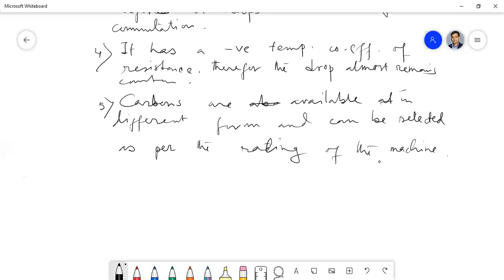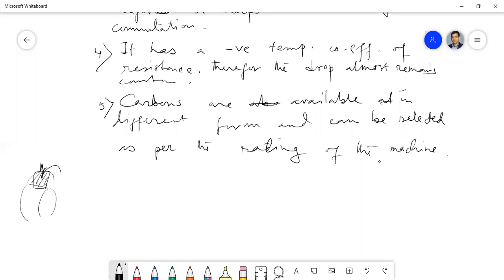Actually what happens, if this is the commutator surface? Okay, so let me draw like this. If this is the commutator surface, then the brush is placed like this. And how is the brush placed on this?